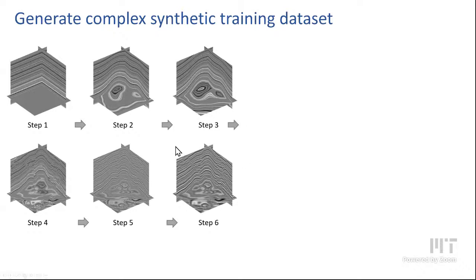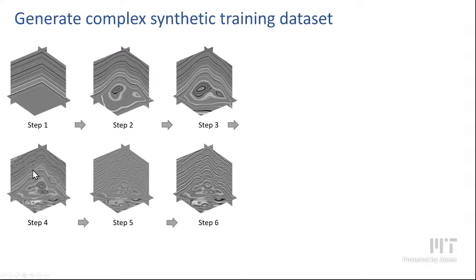There are 6 steps. We start with a layer cake model, a 3D model, and then we fold the 3D model with a number of folding functions. After that, in step 3, we add shearing to make it even more complex.